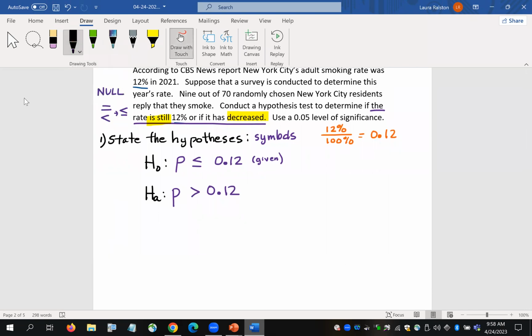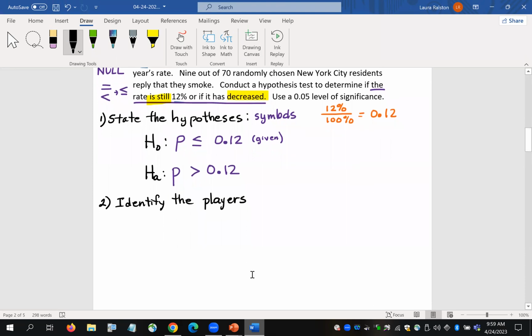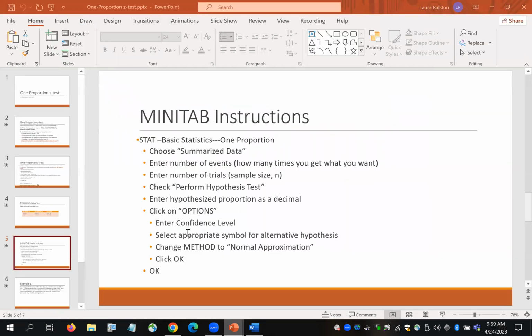Step 2 is we identify the players. Okay. And I don't remember exactly what all we need for Minitab. Let me see if I can look at those instructions and tell. Okay, we need the number of events.